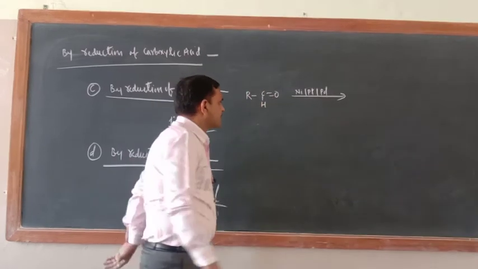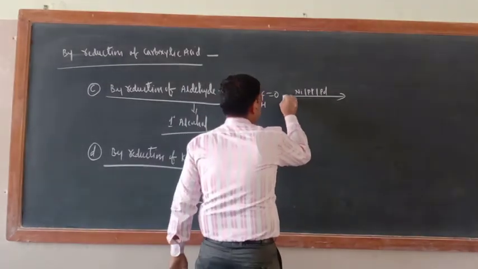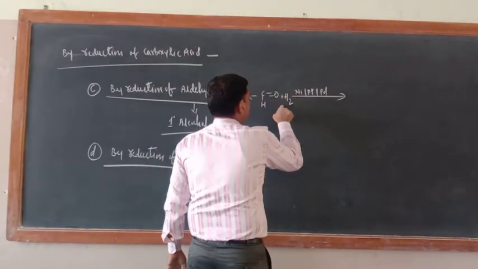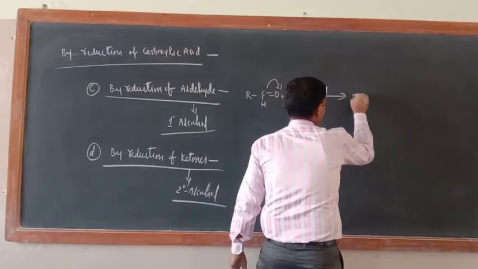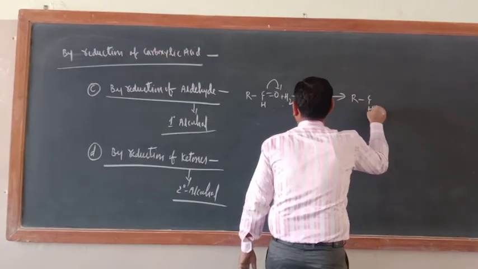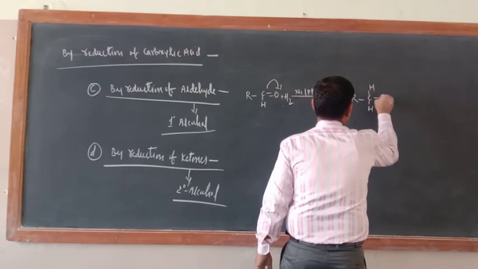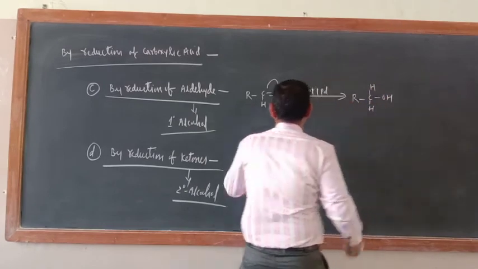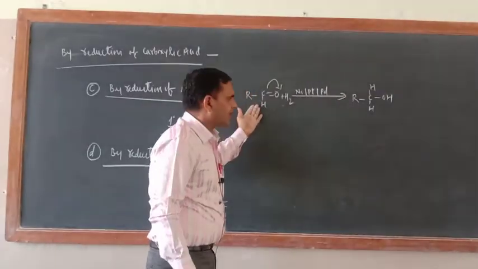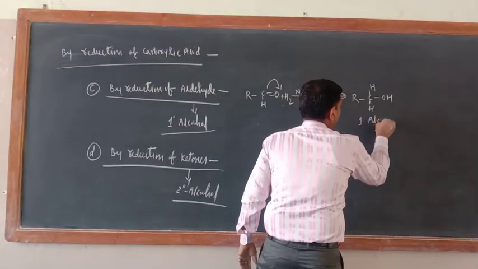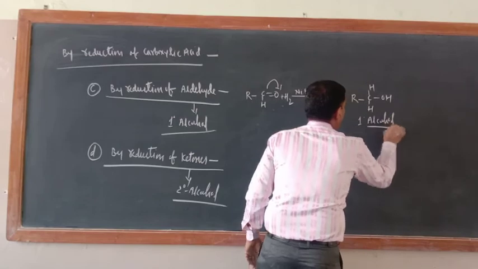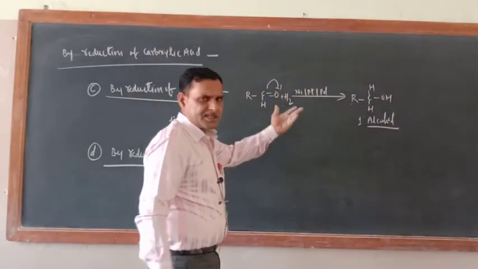So just see here, plus H2, 2H is required. So shift this one here. What is the product here? RCH2OH, just 2H is required. This is 1 degree alcohol. You can take individual members also by putting a CH3 group here.